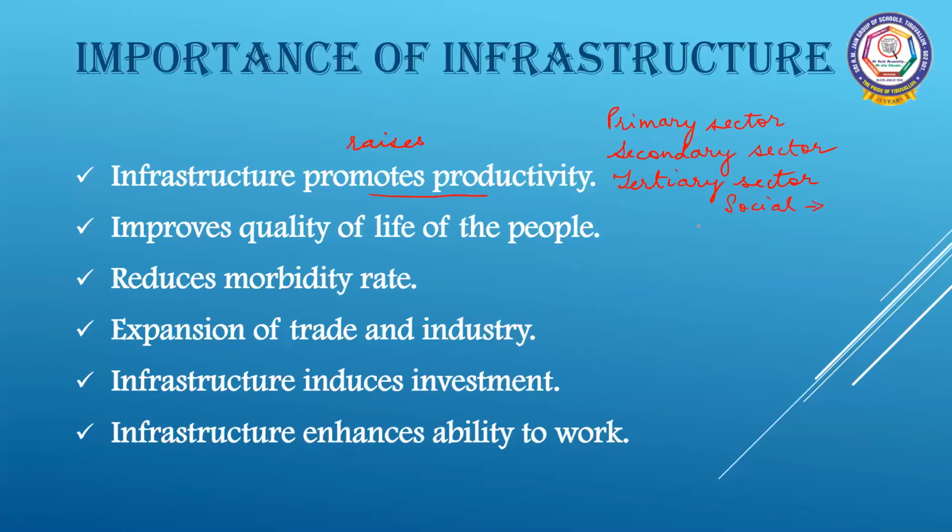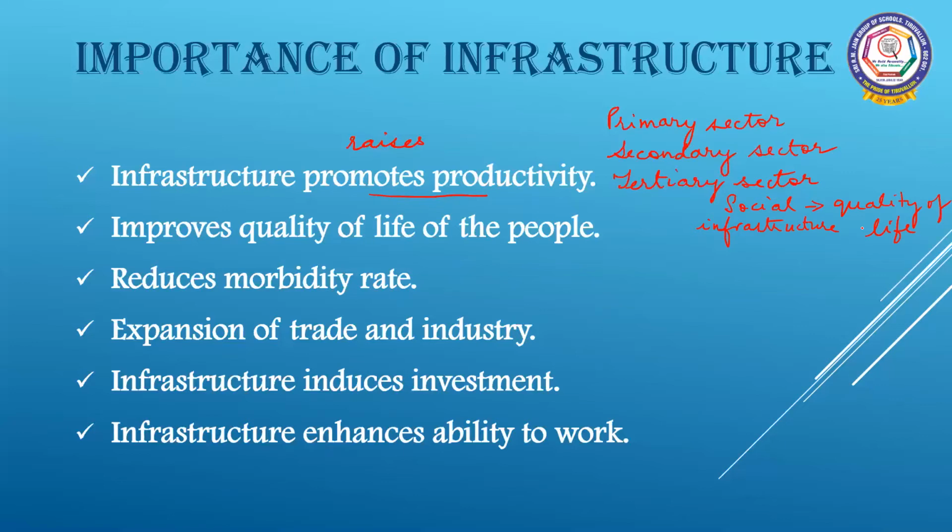Social infrastructure promotes the quality of life, and this quality of life can be improved if a person has good health and education, and this in turn raises the skill and efficiency of human beings.